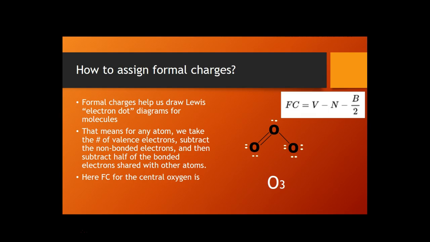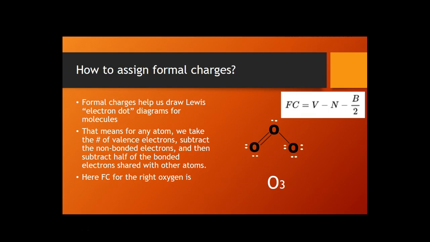Let's do the central oxygen. 6 valence electrons for oxygen. Now we subtract 2 because there's only 1 lone pair. And then we subtract 1, 2, 3 bonds, so 6 electrons that are bonded. Divide that by 2 and we get a +1. The formal charge on the central oxygen is +1.